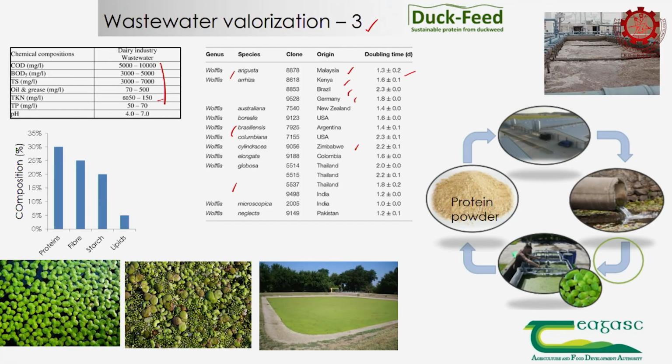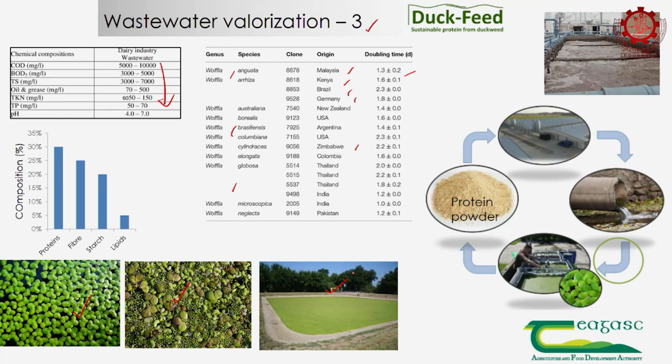So, this is the composition of dairy processing wastewater, a high amount of BOD, COD, and the water to be discharged in a river has a limit. You cannot discharge water having more than 100 BOD or COD, yeah. So, you don't have to completely eliminate all the organic matter. You can partially eliminate matter, and this is the way duckweed grows.